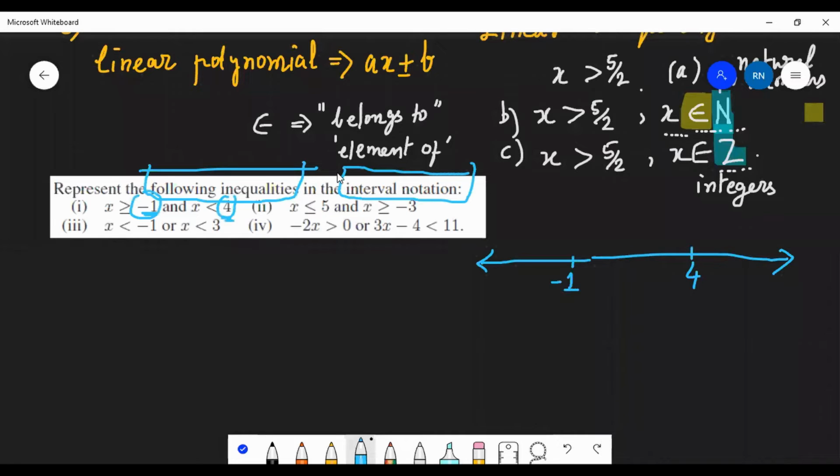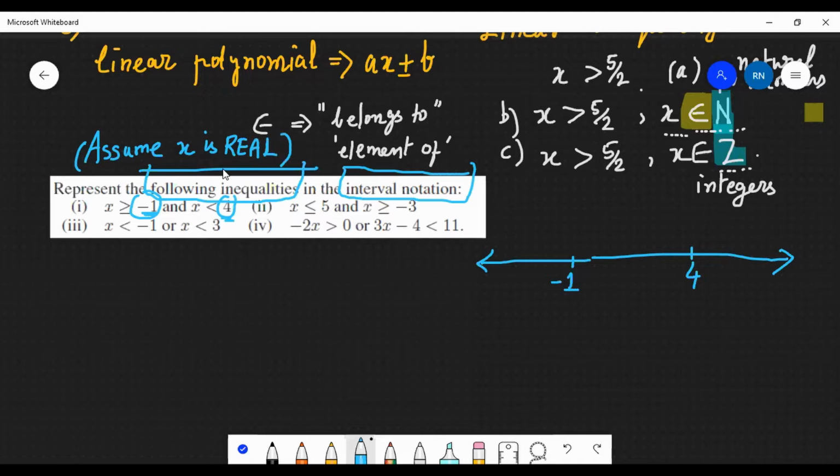Okay. Then what is mentioned? Nothing is mentioned like natural number. Nothing is mentioned about whether it is an integer. So when nothing like that is mentioned, make note, you assume naturally it is any real number. You can only assume x is real when they are not specifying any nature of x.